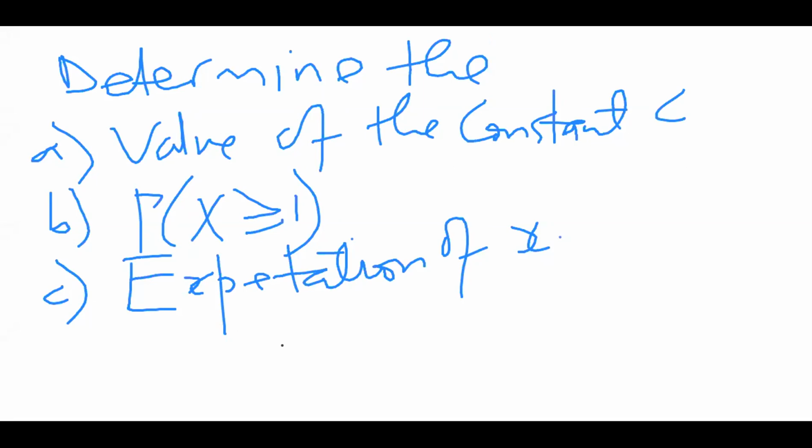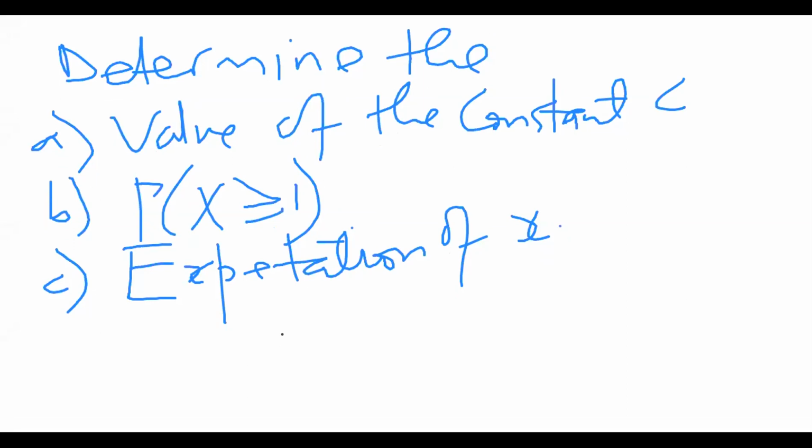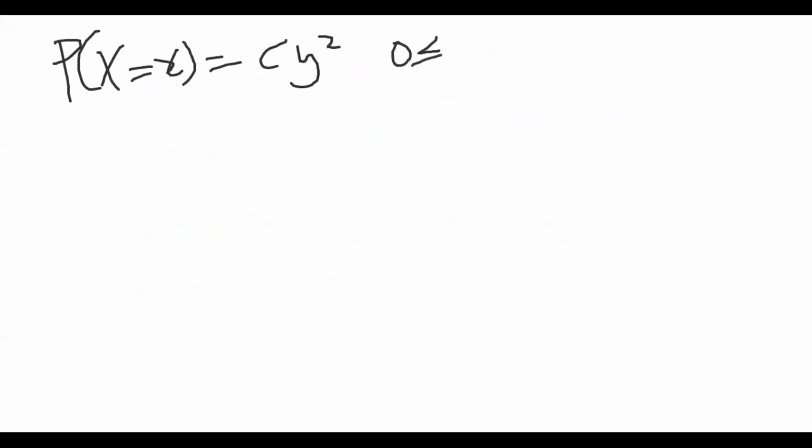So we have been given a function given by cx squared for 0 less than or equal to x less than or equal to 4.